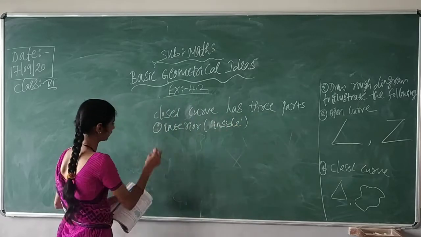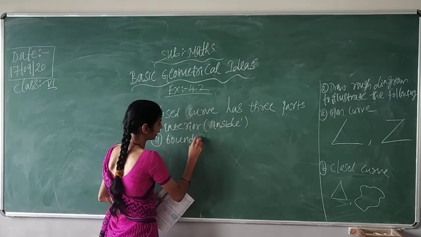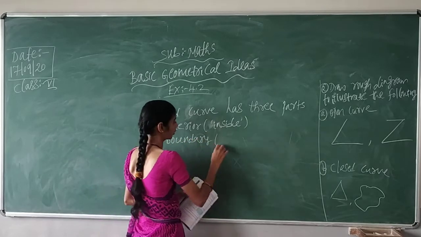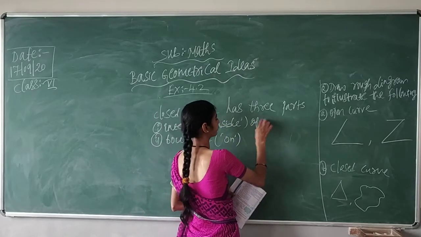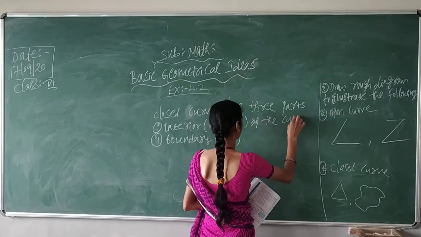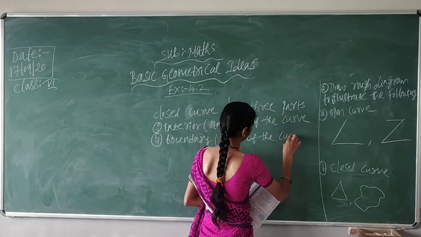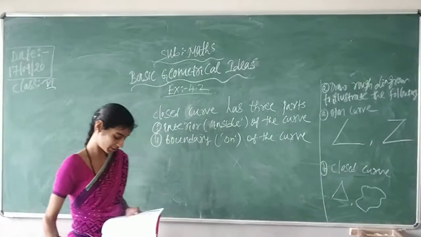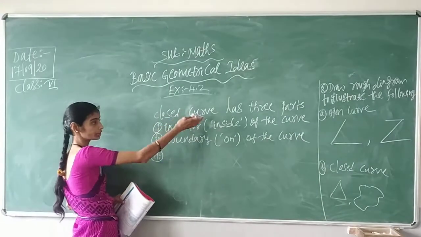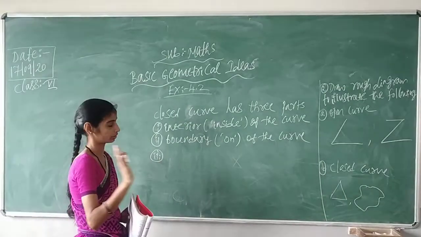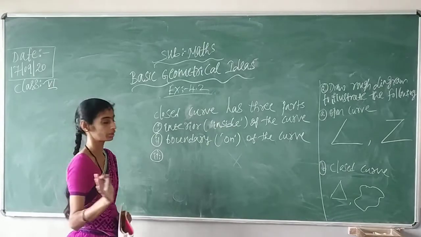Then second, boundary, B-O-U-N-D-A-R-Y, boundary or on the curve. And last is exterior. So closed curve, only for the closed curve these 3 parts will be there, not for the open curve.